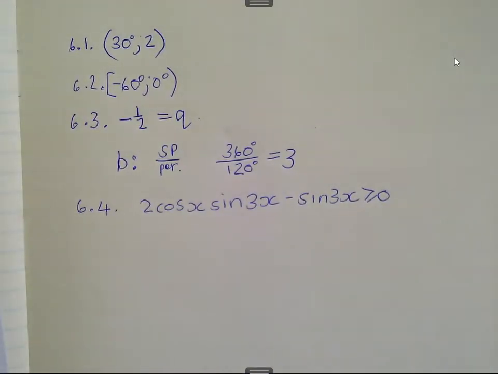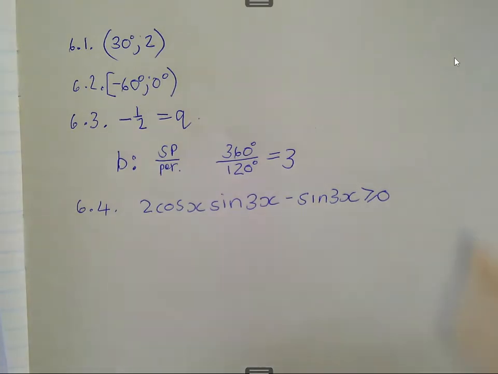Use your graphs to determine the values of x for which 2 cos x sin 3x minus sin 3x is greater than or equal to 0. Do you understand what's going on there? No. Do you have a function that is 2 cos x sin 3x and sin 3x?